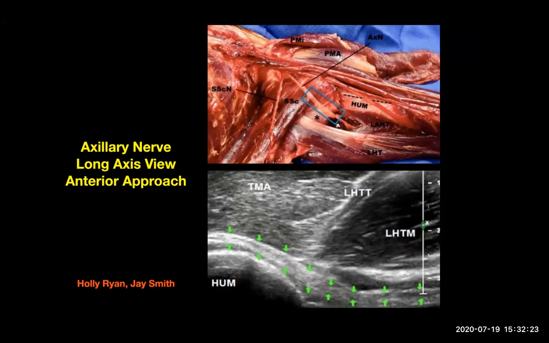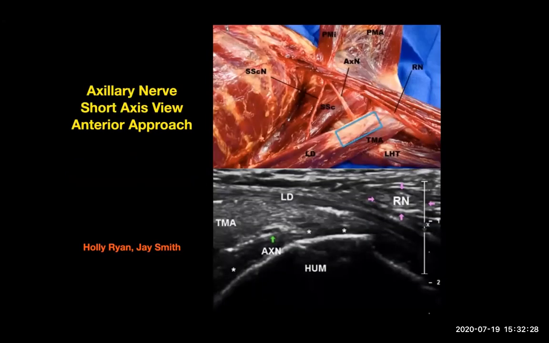This is another way of scanning the axillary nerve anteriorly. If you would like to see the short axis view, you just have to move your probe 90 degrees, and then you can see the short axis view of the axillary nerve, anterior approach, and all the structures in that particular area.